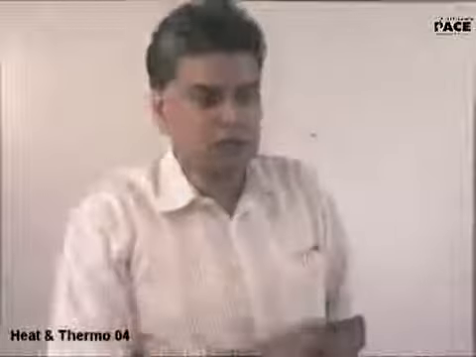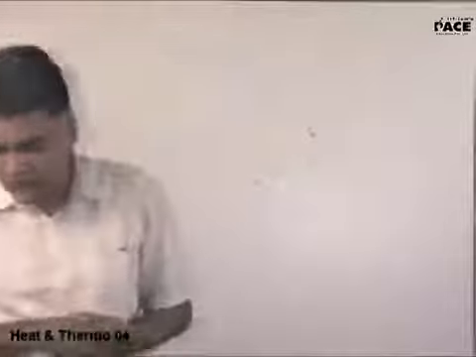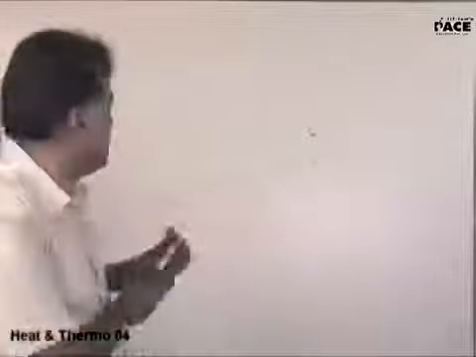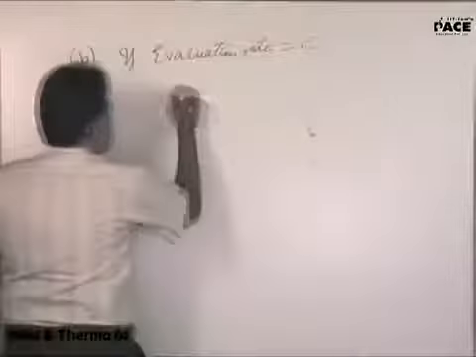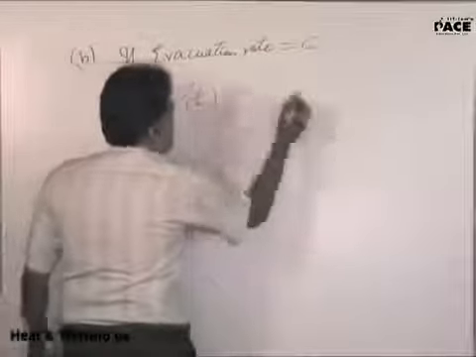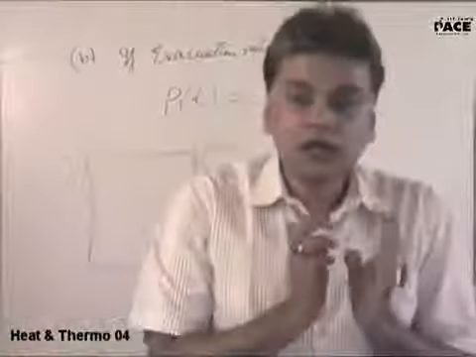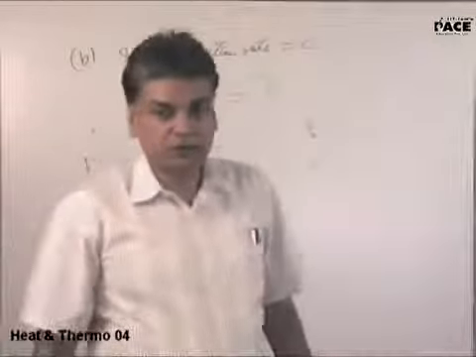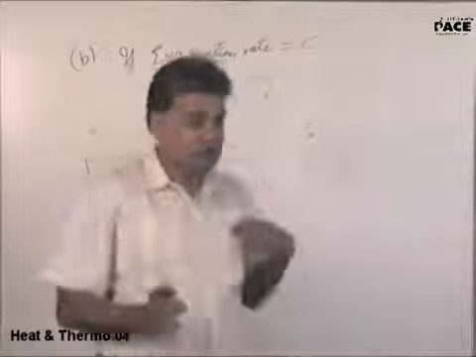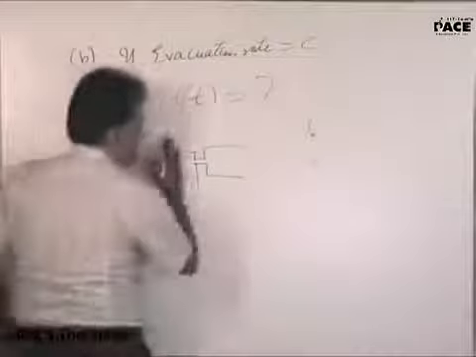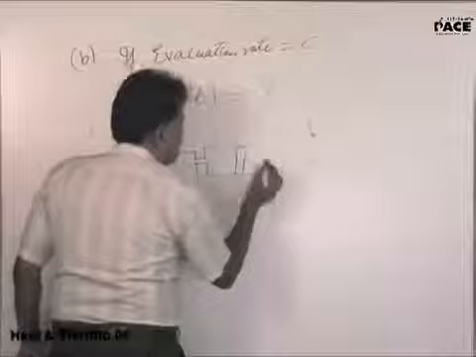Rather, since you asked me the differentiation part, let me give a part B to this question. If the evacuation rate is C, what is P as a function of time? You can assume the initial pressure as P naught. Here, in a small time dt, the piston will suck out.